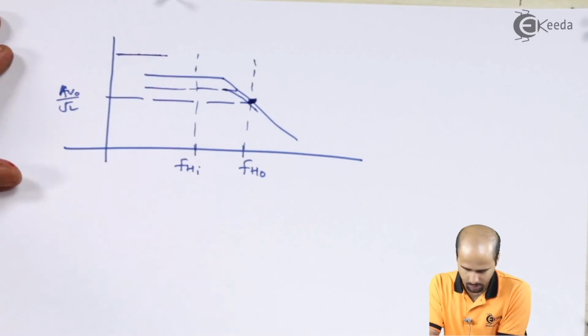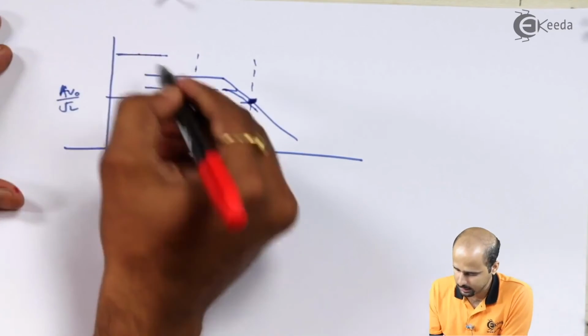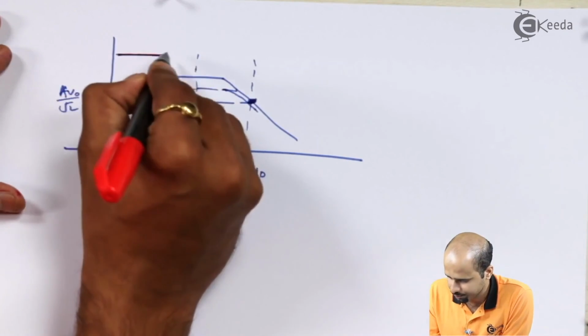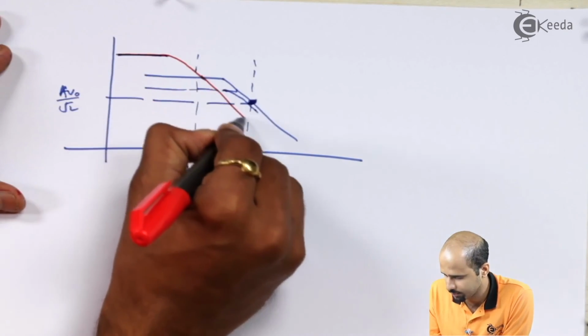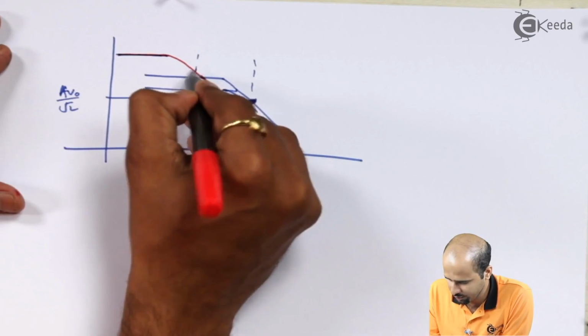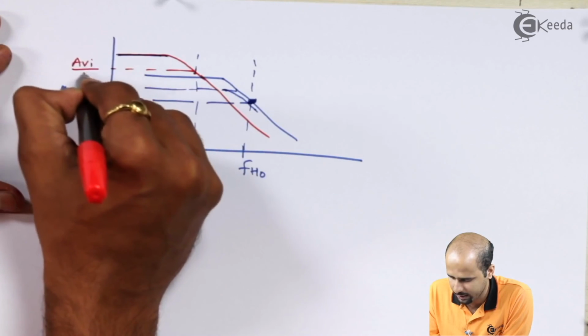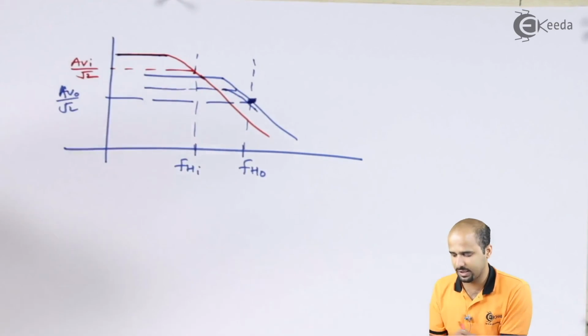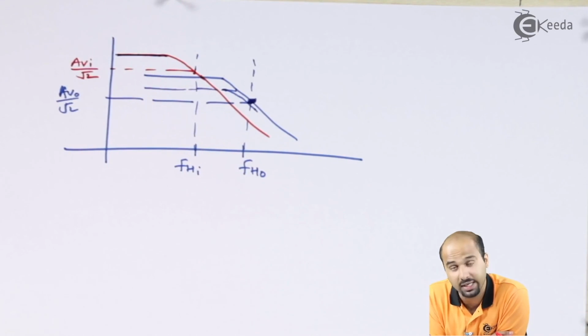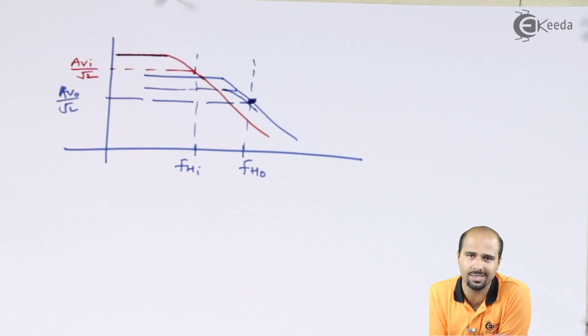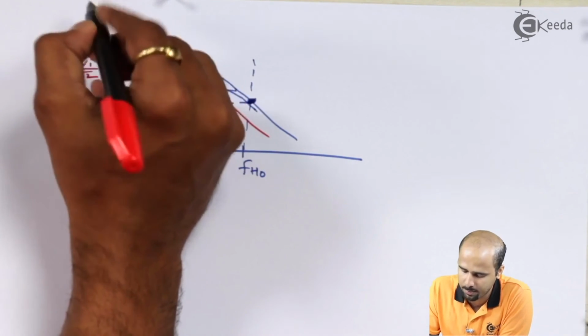If we check with another one, then we'll see that this is something different. Okay, so whatever gain we get, that is AVI divided by root 2, considering FHI, then we'll get the higher gain, and that is nothing but my aim of amplification. So if we consider the lower side, that will be beneficial as the circuit works as an amplifier.